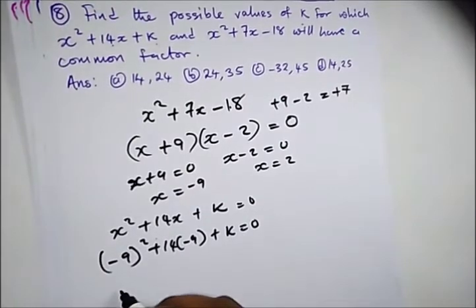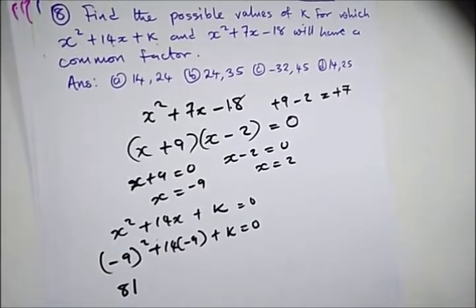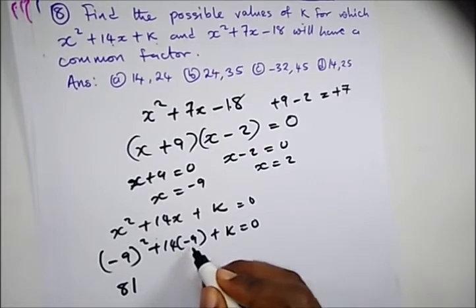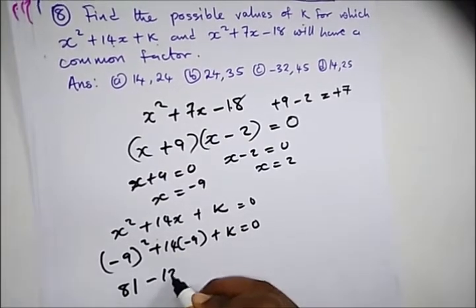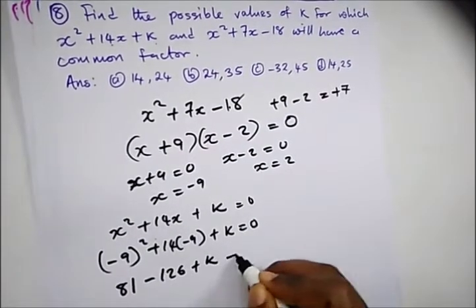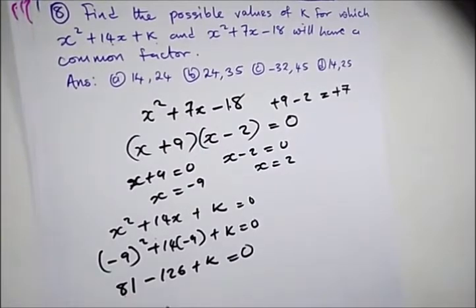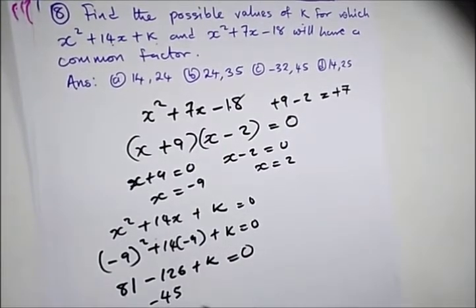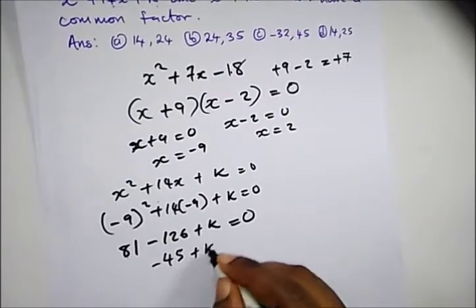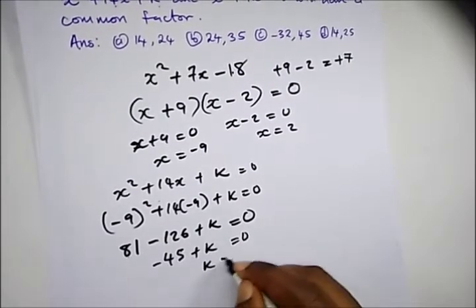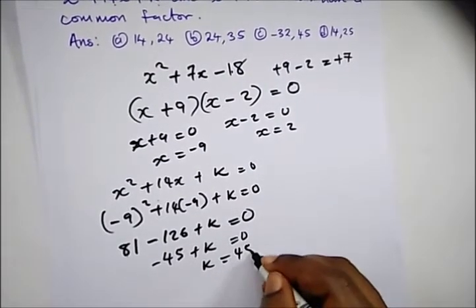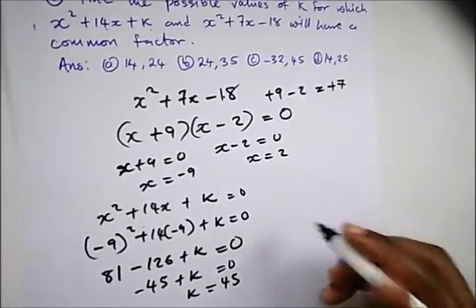So here we have 81, minus 9 times minus 9 will give us 81. 14 times minus 9 will give us minus 126 plus k equal to 0. So this minus this will give us minus 45 plus k equal to 0. So k will be equal to 45. That's our first value of k.